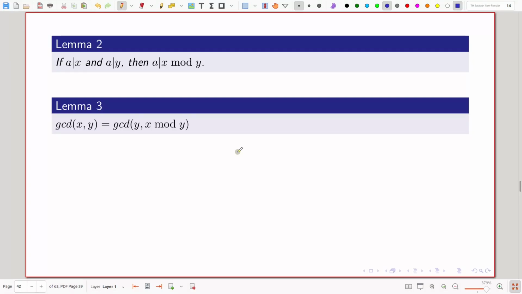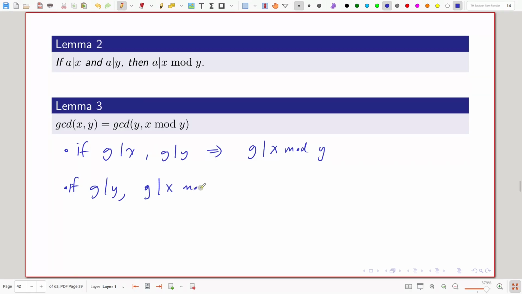The reason for that is, I'll go quickly: if g divides x and g divides y, then g is going to divide x mod y. On the other hand, if g divides y and g divides x mod y, g is going to divide x.